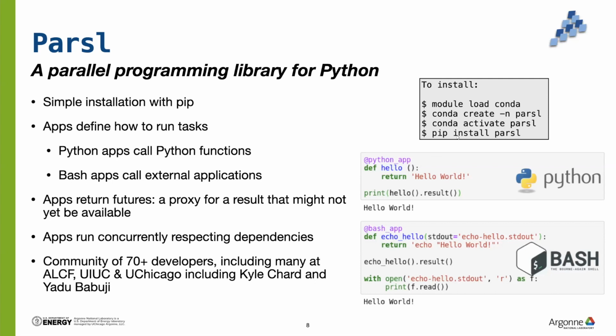And all you need to do is import the Parsl module and add this decorator, this Python app decorator, and that will create a Parsl app. So if your application is written in Python, this might be a really appealing tool. You might just have to put on some decorators and you will be able to then run all of your functions concurrently using Parsl.